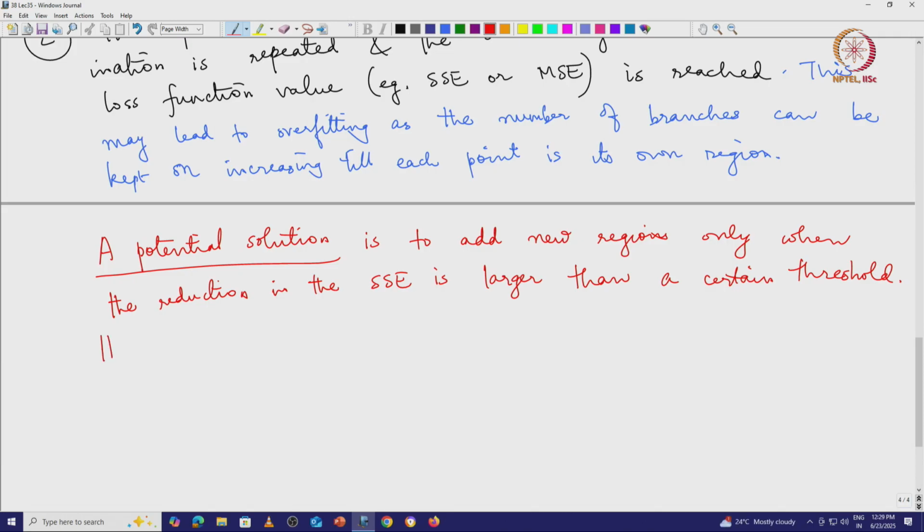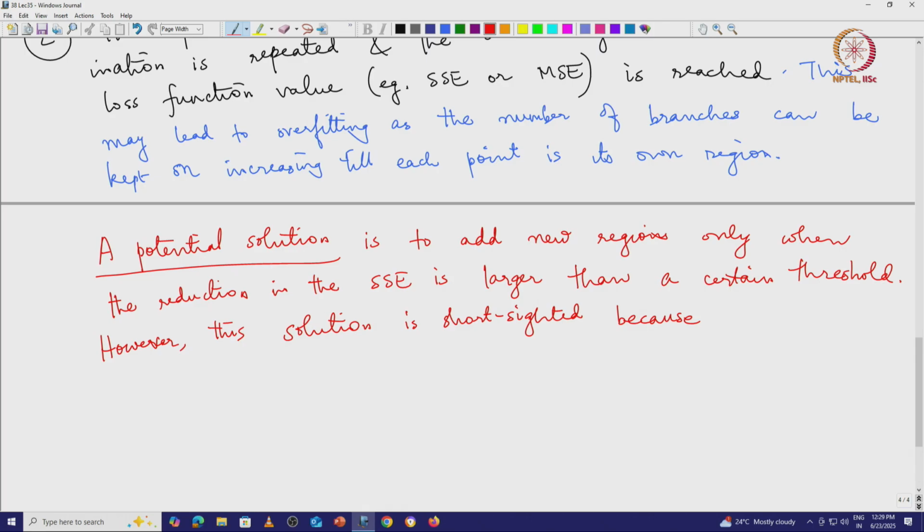However, this is a short sighted solution. This solution is short sighted, because later you may be able to grow the tree and reduce the SSE much more.